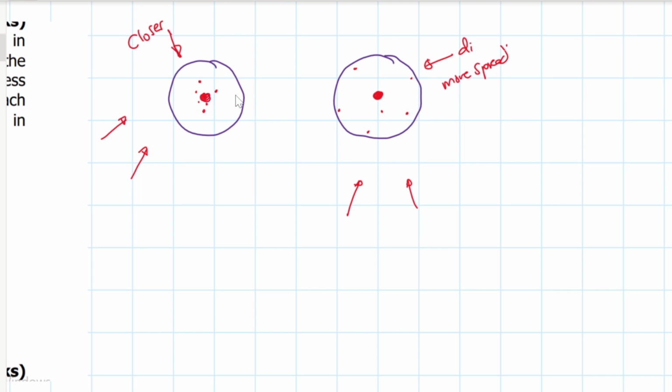They are closer to the center. So what does that mean? This one has more spread and this one is closer. How do we determine this in statistical language? How do we determine the spread? We are going to determine the spread using a parameter called standard deviation, okay?